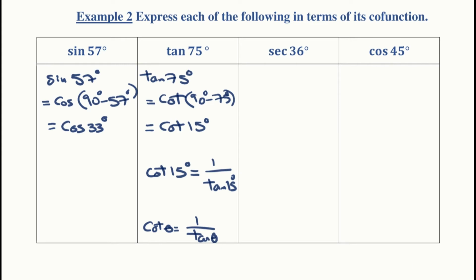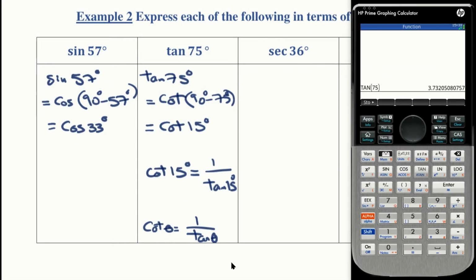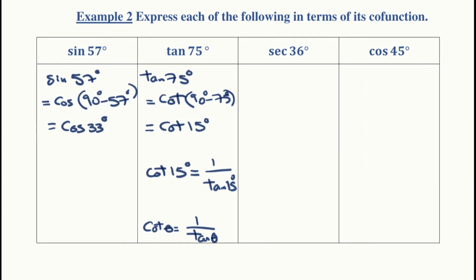So instead of calculating the cotangent directly, I will just go 1 divided by tangent of 15, understanding that I'm actually calculating the cotangent of 15 degrees. So if I hit enter, I should get this number if I've done this correctly, right? Notice, in fact, we do. So the check was just to show you that this works. Now we'll go ahead and just do them without checking. We can be comfortable that we're doing this correctly.